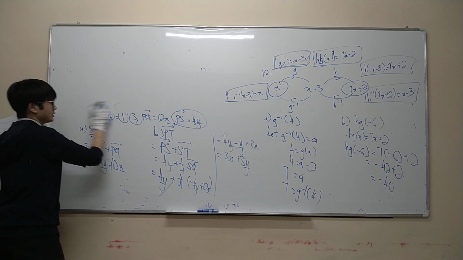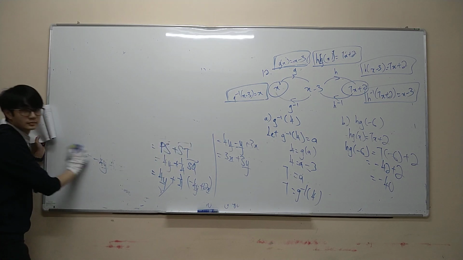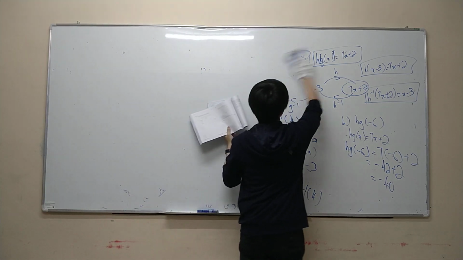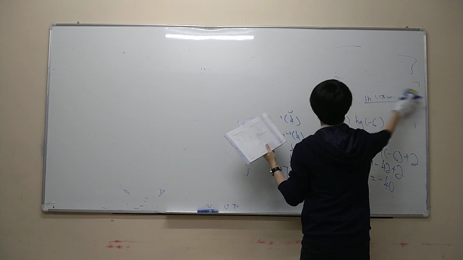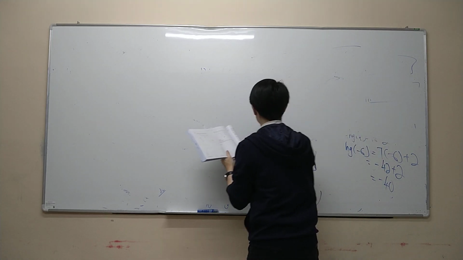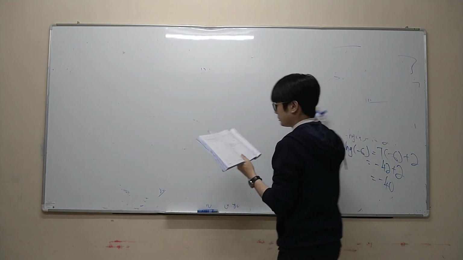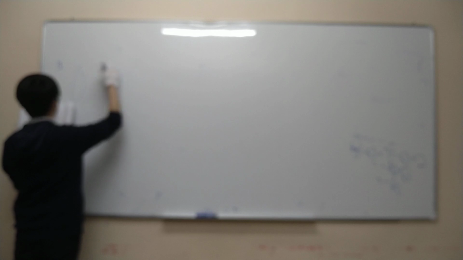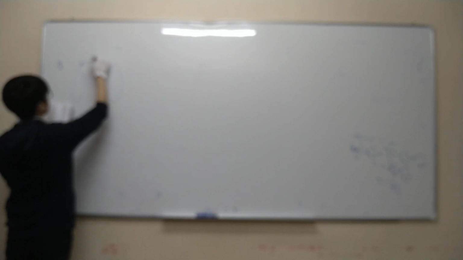Okay, let's erase this. Okay, let's continue here. Number 13. This is also a function, so let's draw it out. This is an arrow diagram. There's an x, there's a line, there's an f, there's fx.